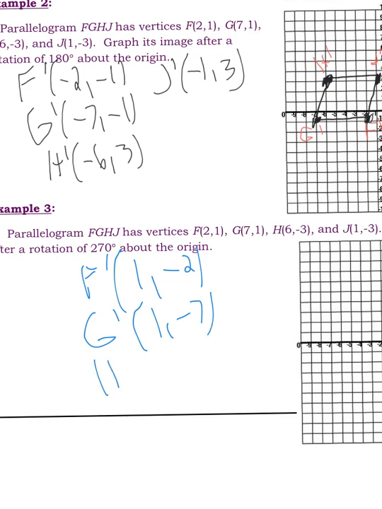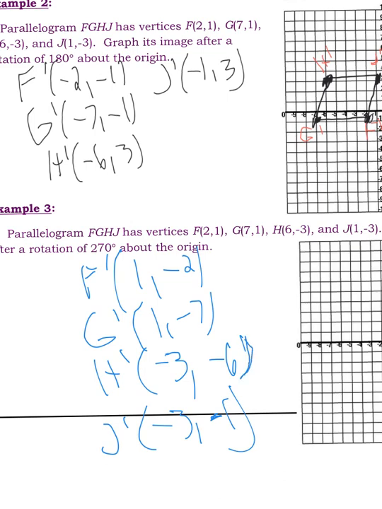H prime, negative 3, and original x was 6, so now it's negative 6. And j prime, negative 3, and now it's at negative 1, negative 1. Okay, so let's graph those points to the right.